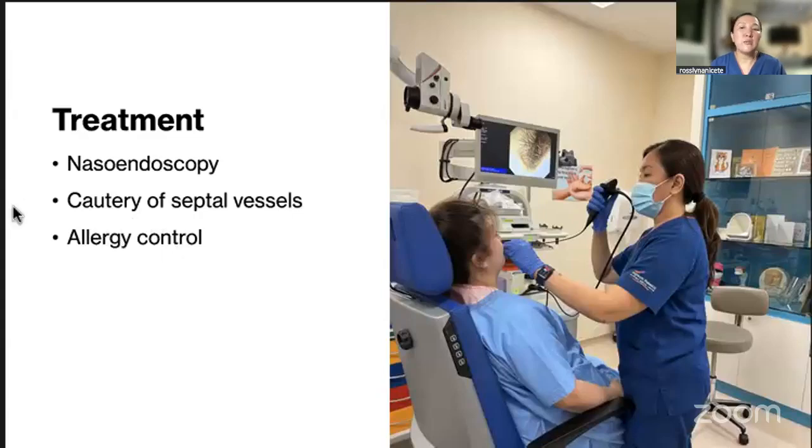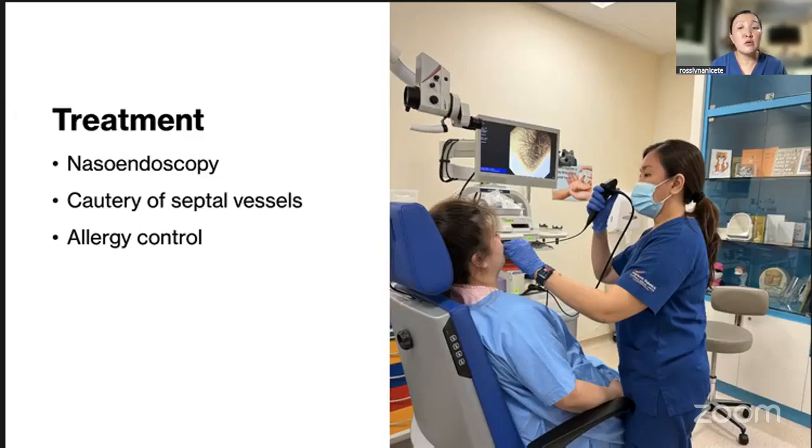Your ENT doctor may perform a nasoendoscopy, in which a flexible scope is used. So in this photo, I'm holding a flexible nasoendoscope. This is like a tiny straw with a camera that is inserted into your nostril and all the way to the back of the nose and the throat.